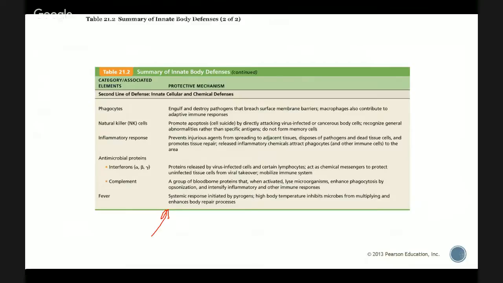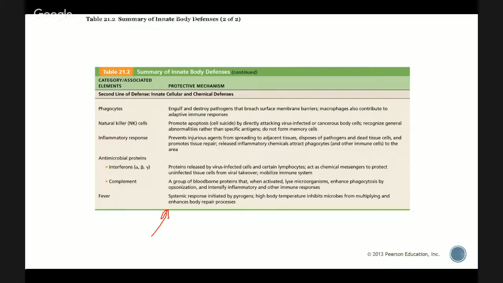Now, the reason why we have fever is because it makes the pathogens uncomfortable. I mean, fever makes us uncomfortable as living beings. We don't like it. It doesn't feel good. And that's because it's not in the ideal range as far as homeostatic function.